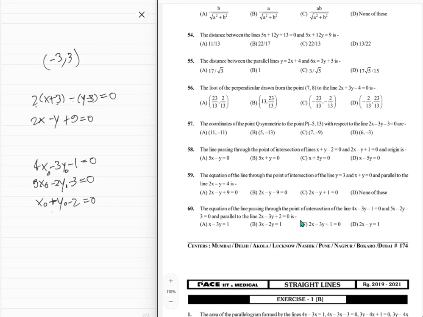Okay, maybe we should just solve it directly. No, that's not a good idea. This 4x naught minus y naught. No, that's not what we want.